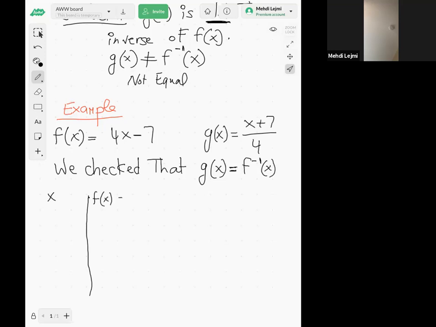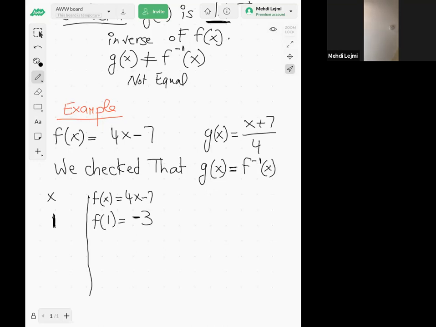My f of x, of course, is 4x minus 7. Let's say, for example, x is 1. What will be f of 1? F of 1 is 4 times 1 minus 7, so 4 minus 7, that would be negative 3. Yes, Kwame, absolutely, it's negative 3.